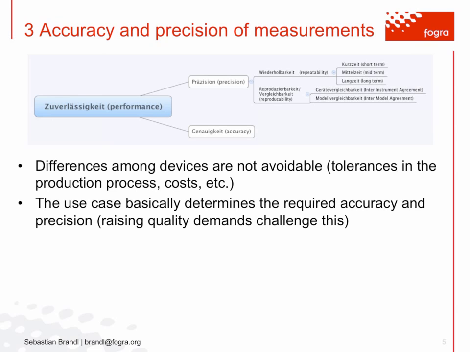Normally, in other industries, it is required that the inter-instrument agreement is 10 times better than the tolerances you are speaking about. Here in the graphic arts, we learn that we should be happy if this is 50%. That means if you require a delta E of 2 or 3 for a paper match, then the differences should not be higher than 1.5.